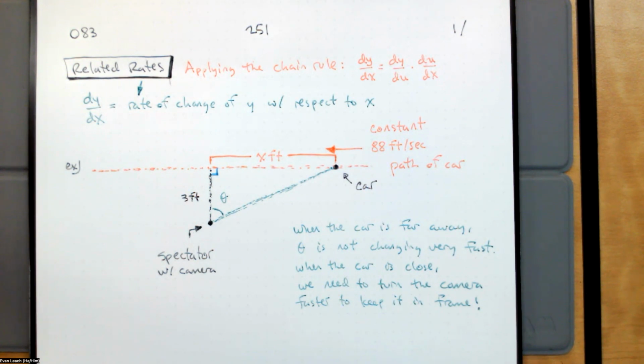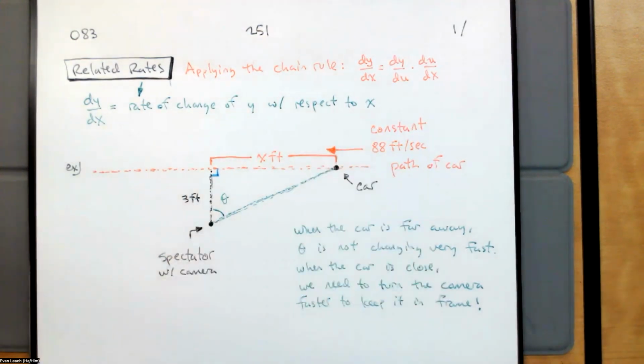The 3 feet is constant. This hypotenuse is also changing, but I don't know how. I don't have any information about how that hypotenuse is changing. So I'm going to label x feet from the car to the point on the road closest to the spectator.